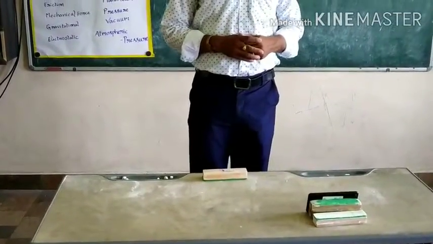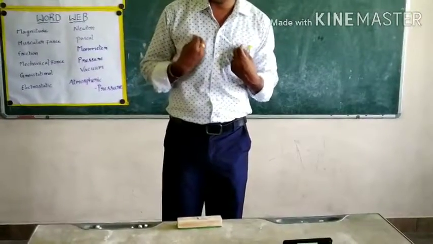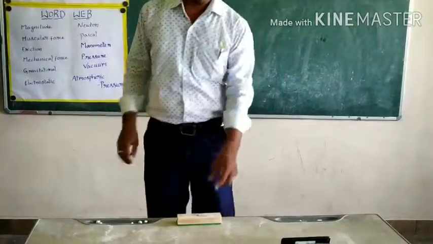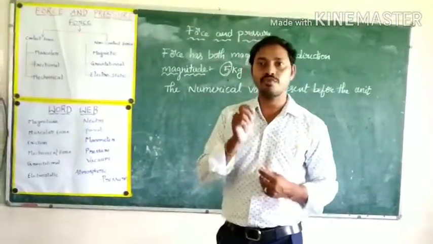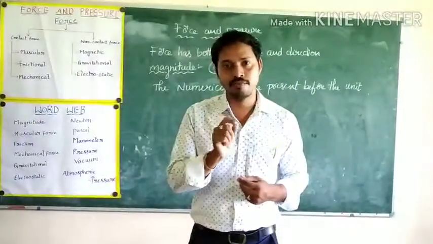Now what will happen? Applied force towards myself, so the duster moves towards myself. So force has direction. In whichever direction we apply the force, in that direction only the object will move.